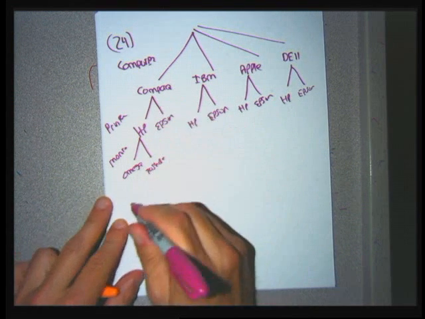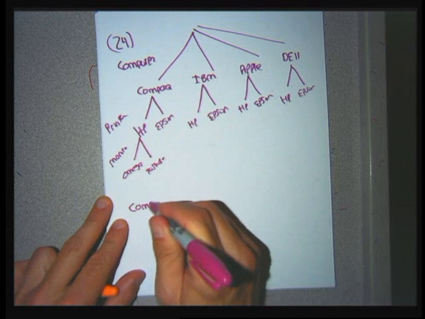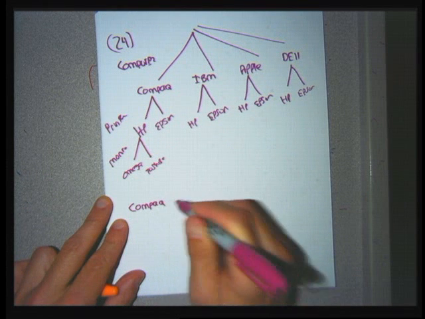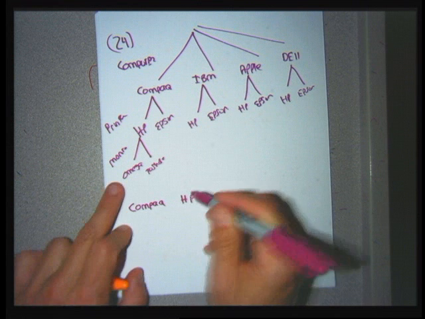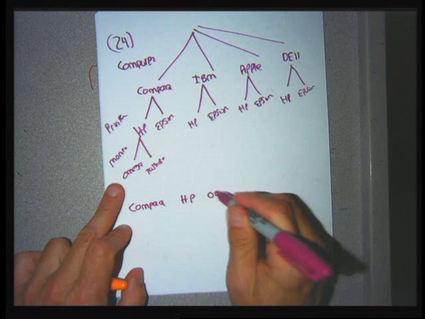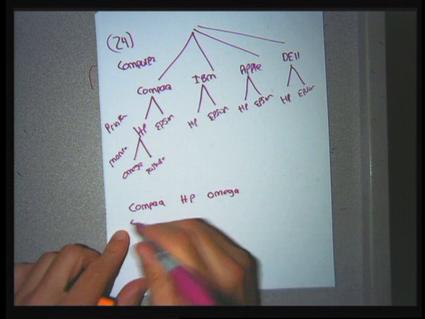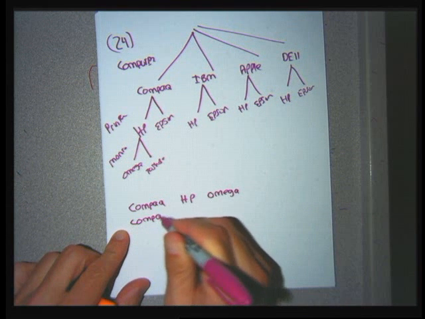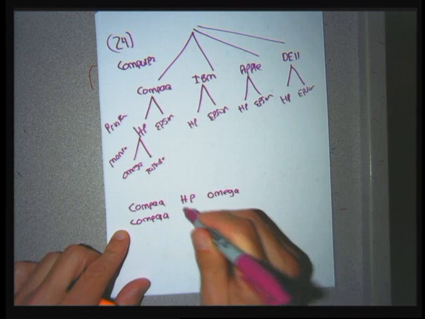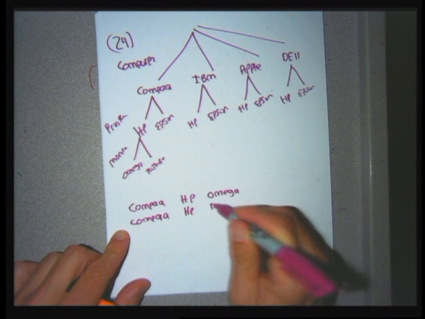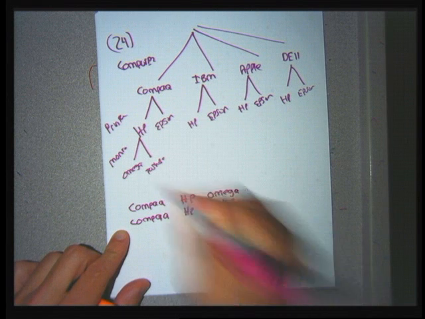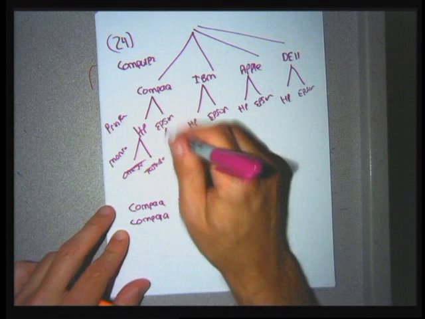My first thing in my sample space is going to be getting a compact computer, an HP printer, and then an Omega monitor, or a compact computer, an HP printer, and a Toshiba monitor. So that takes care of that. Now let me go to this.